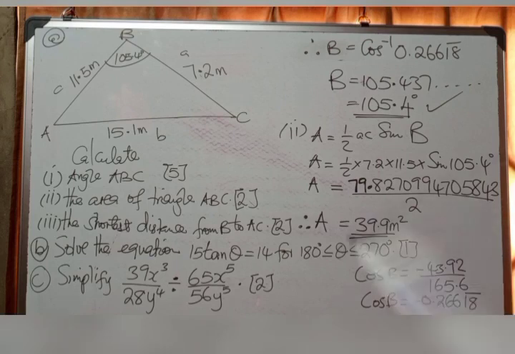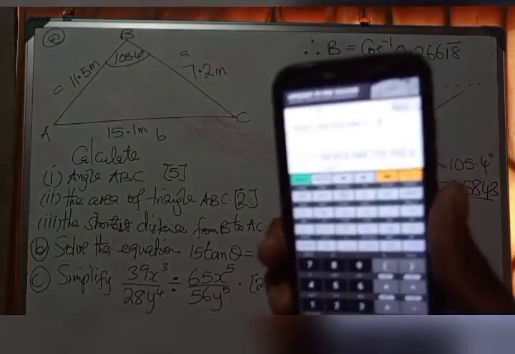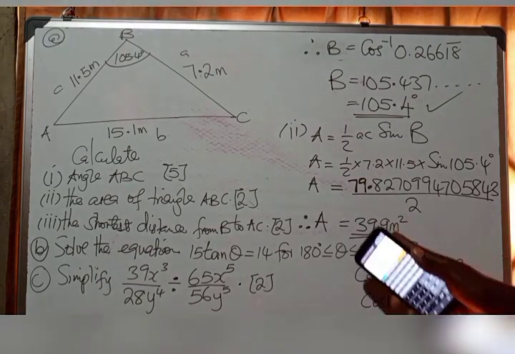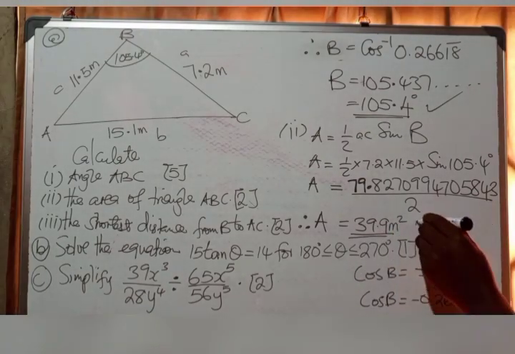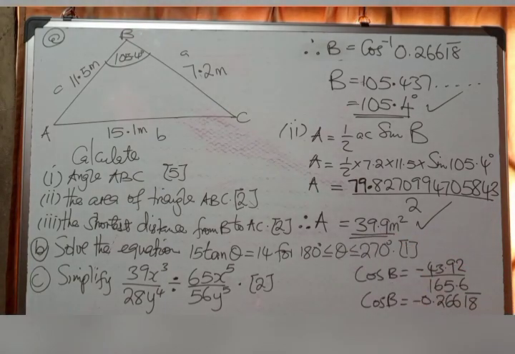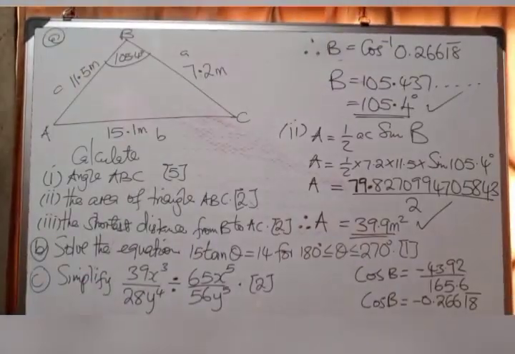The other thing which may cost you from not getting everything correct is premature rounding off. Please don't round off, write everything the way it appears on your calculator. Thereafter you divide by 2 and the answer we are getting is 39.9. Why have I ended on 0.9? Because the rule says if we are dealing with decimal numbers, we leave our answers in 3 significant figures.